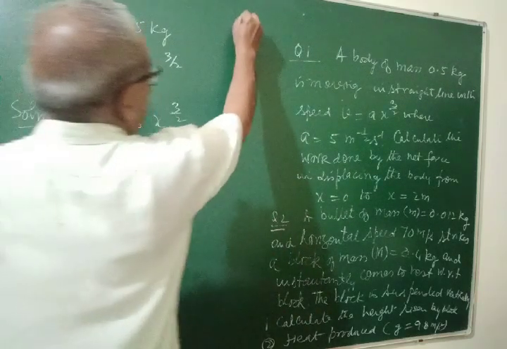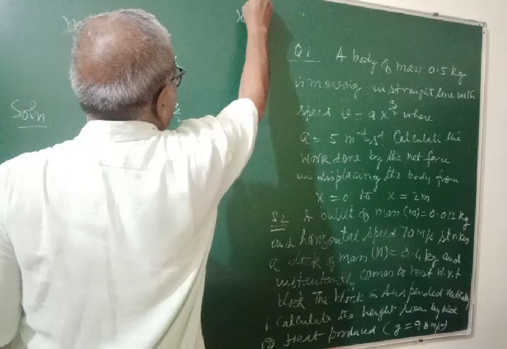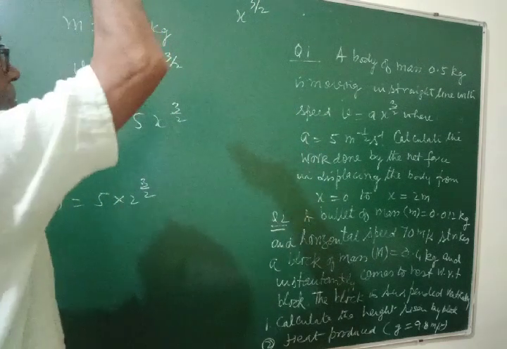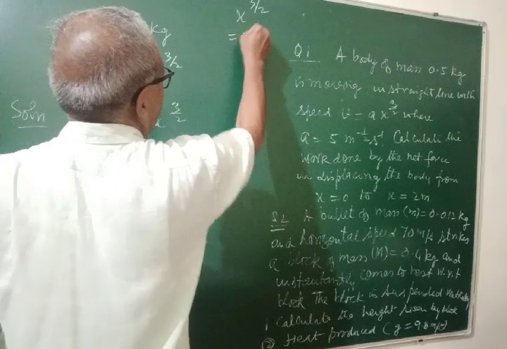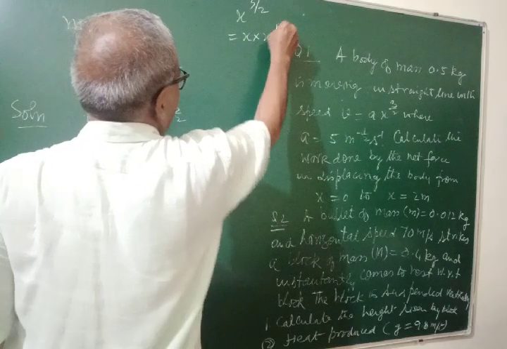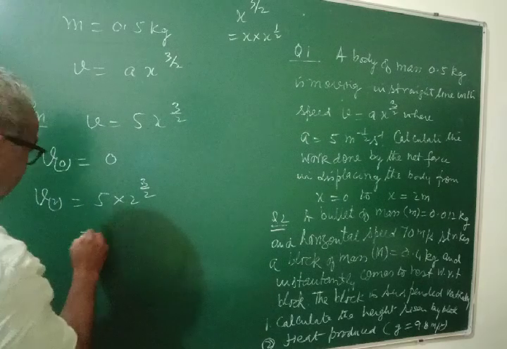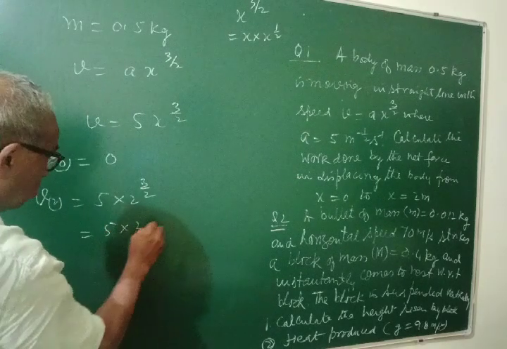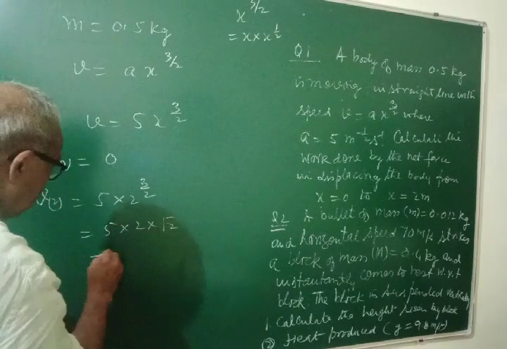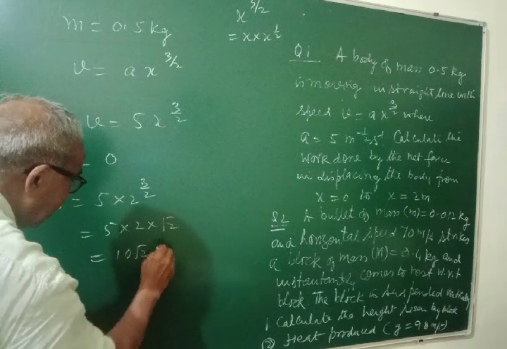Remember, x to the power 3 by 2 means x into x to the power half, that is, x times root x. Students are very much afraid of such things. So you can write it as 5 into 2 into root 2, that is, 10 root 2 meter per second is the velocity.